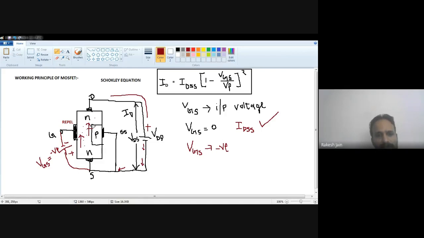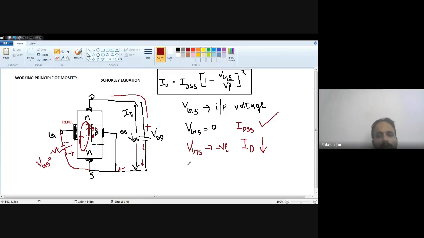So they get attracted towards the p side, where the majority charge carriers are holes. It means in the channel, the number of electrons which easily flowed in the previous case will now be depleted, will now decrease. So the current will decrease now due to the applied input voltage. So the output current changes now.